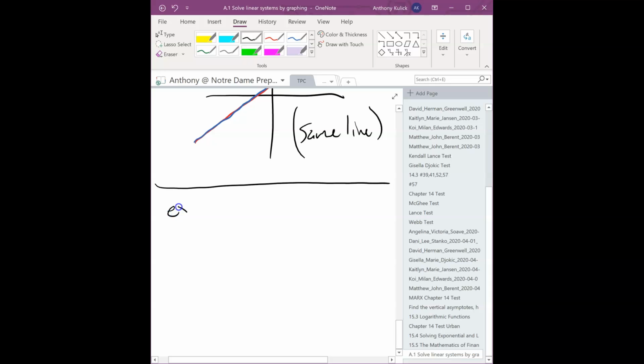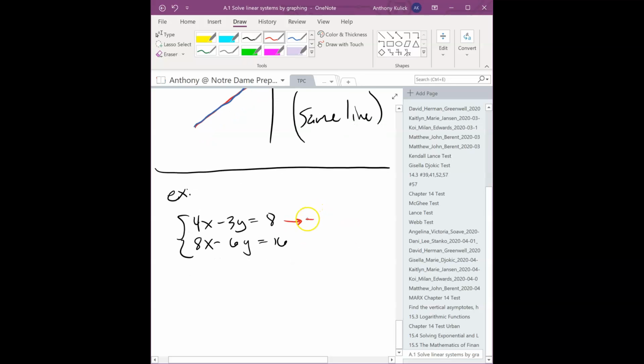So let's look at an example here. Let's say we have the system 4x minus 3y equals 8, and 8x minus 6y is equal to 16. The first thing I might try to do is to rewrite these so that I could graph them. So I'm going to put them into slope-intercept form.